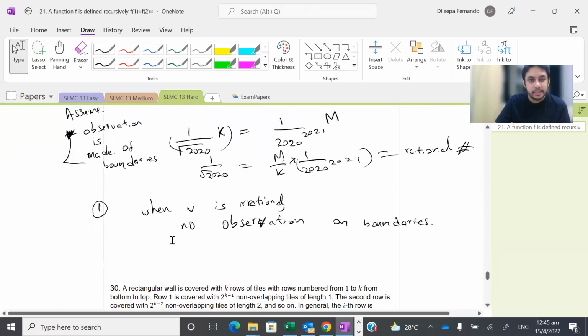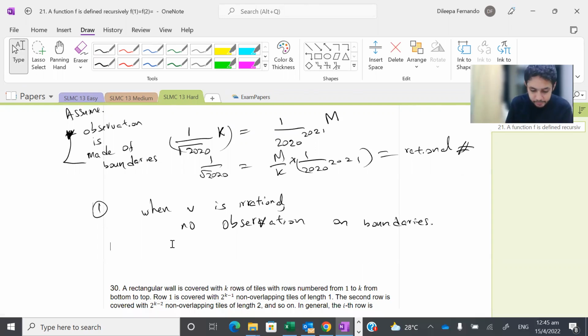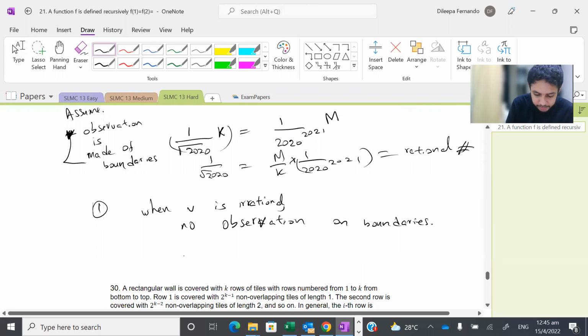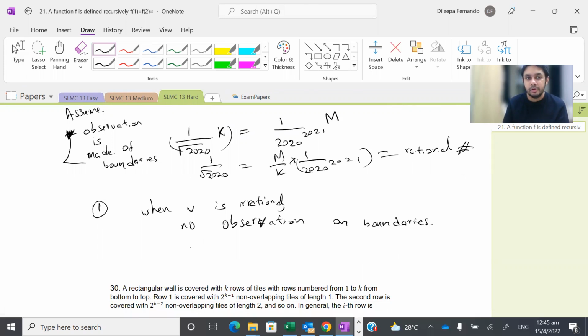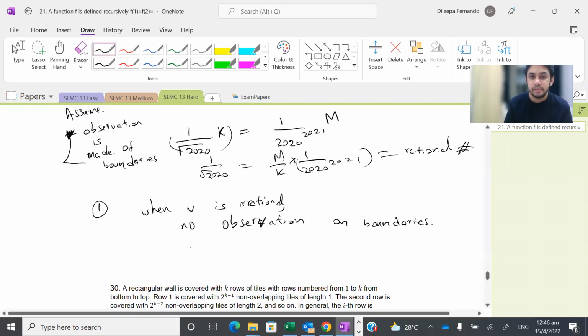For that, we need to prove that within a segment, there is an observation which can be shifted to segment number 1 or segment number 2022.